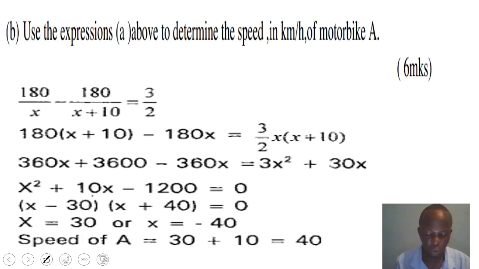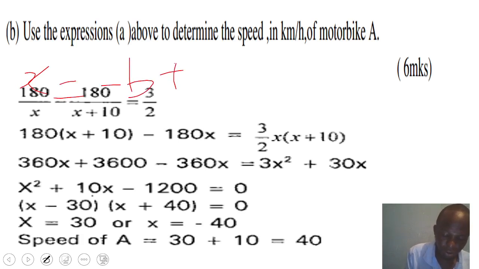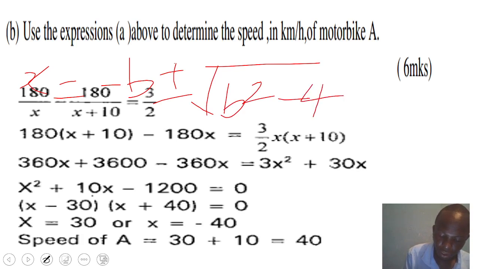Maybe the easiest way is the quadratic formula. Let me just put a reminder for those who might have forgotten the quadratic formula. X is equal to minus b plus or minus the square root of b squared minus 4ac, divided by 2a.